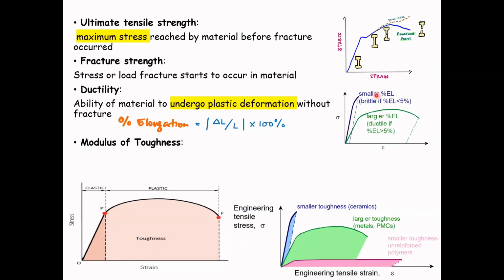And from the stress and strain diagram here, we can see that if a material has a small percentage of elongation, it means the material is brittle, where the percentage of elongation is less than 5%. And if a material has a larger percentage of elongation, it means that particular material is ductile, where the percentage of elongation is higher than 5%.